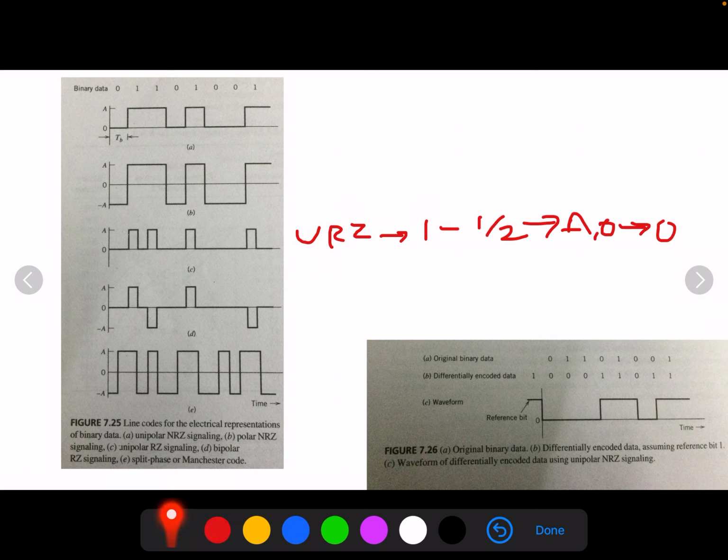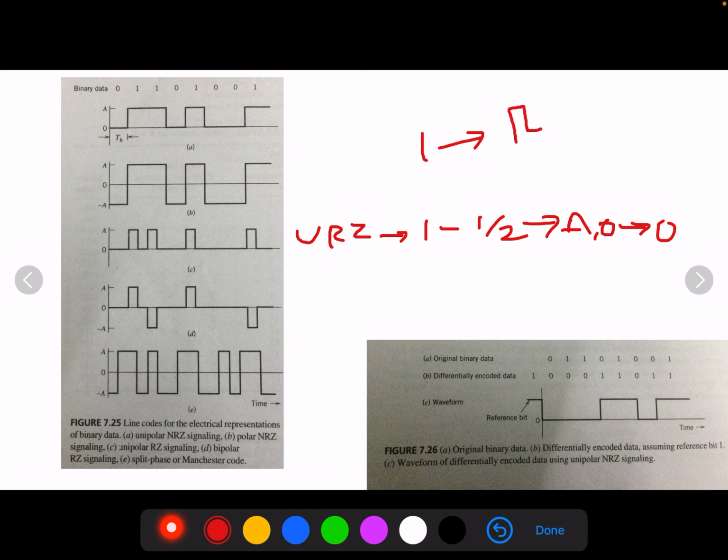You can observe here that 0 is taken as 0 itself, and 1 is taken as plus A for half of the symbol and 0 for the other half of the symbol. That means 1 is represented like this, and 0 is 0.